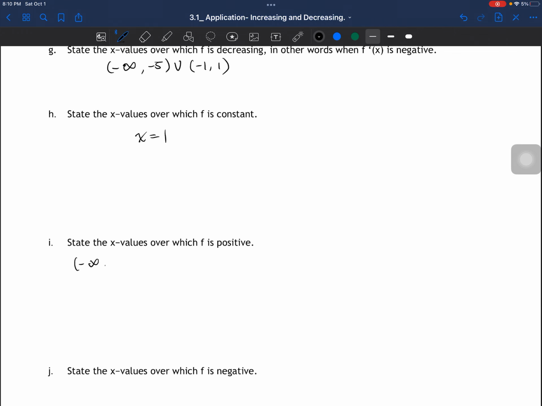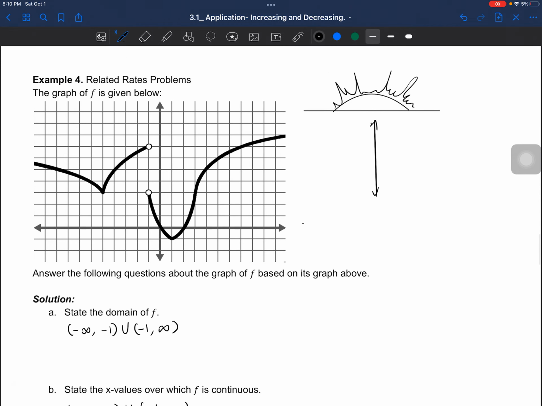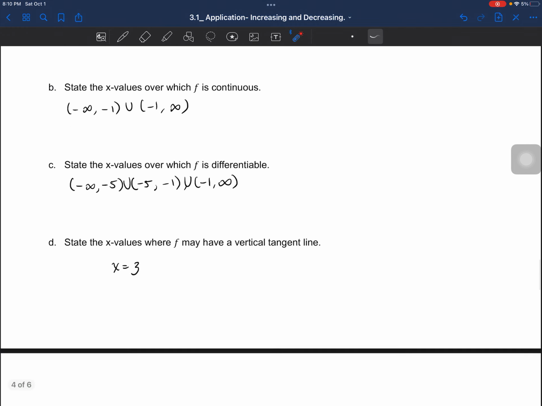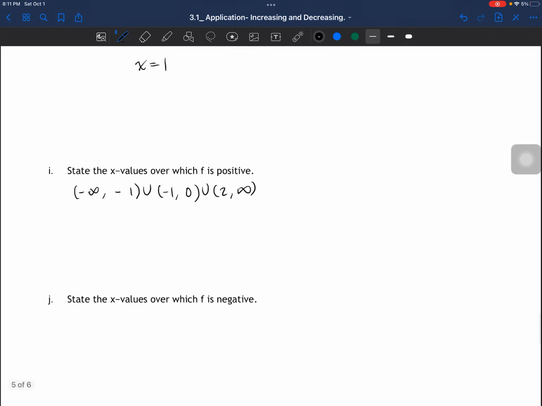So actually there's a jump there, right? So we're going to say from negative infinity to negative 1, and then from negative 1 to 0. And let's see what else. And then it just goes below the x-axis between 0 and 2. But then at 2, it's now above the x-axis again. So from 2 to infinity, the function's also going to be positive.